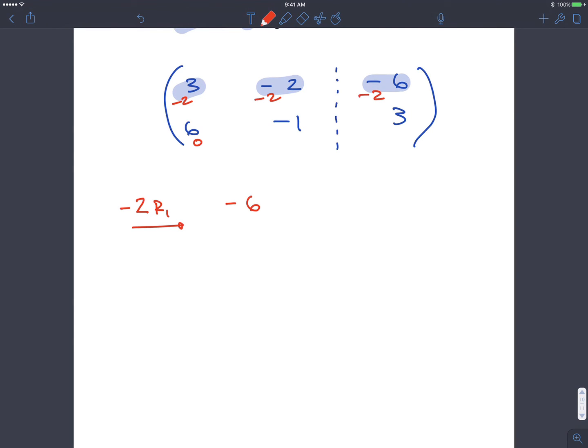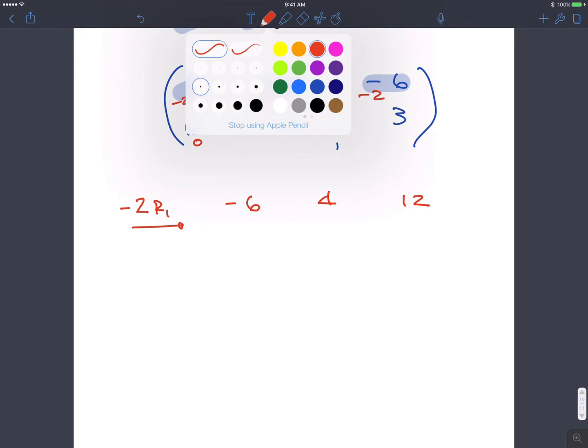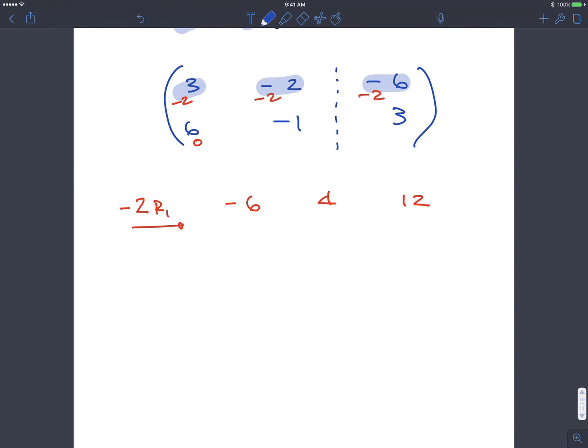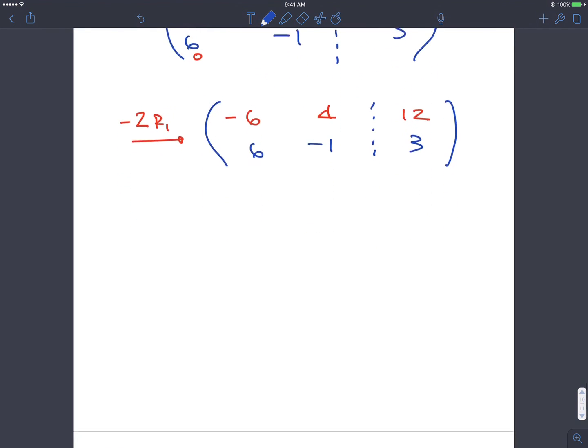Negative 2 times negative 2 is positive 4. Negative 2 times negative 6 is positive 12. All the other entries in the second row remain unchanged. This is our new matrix.